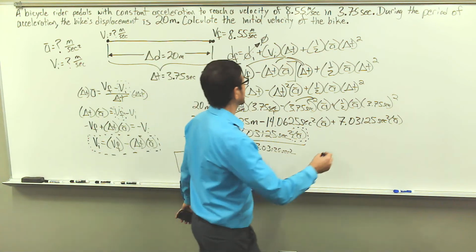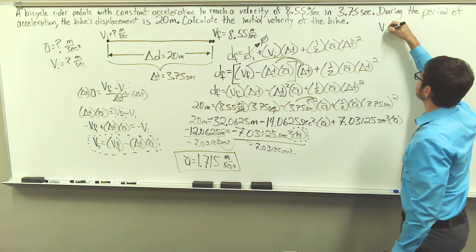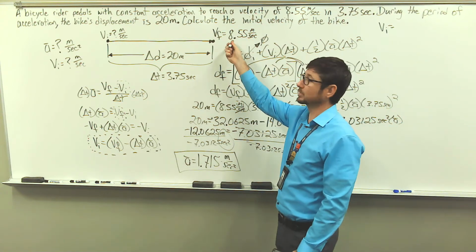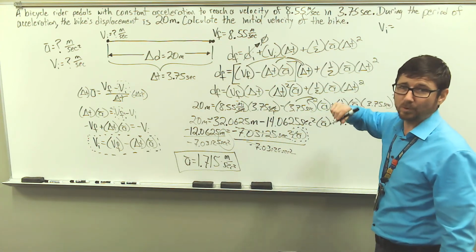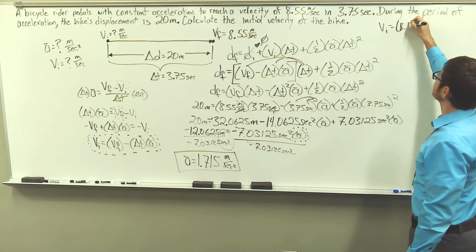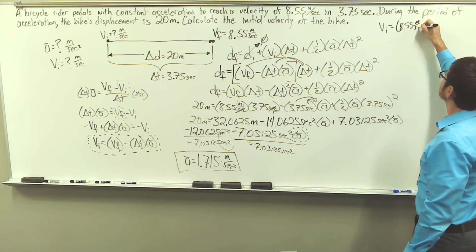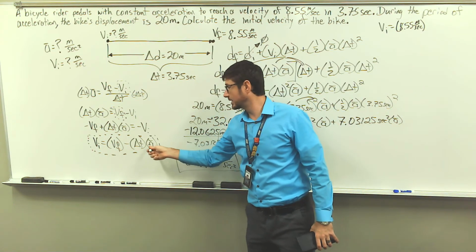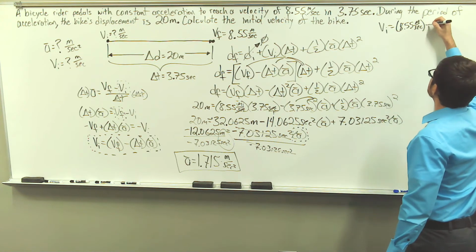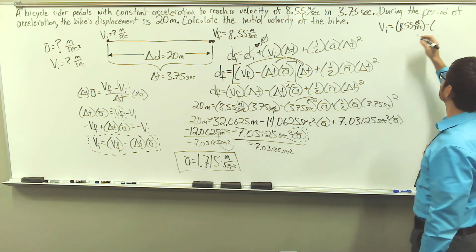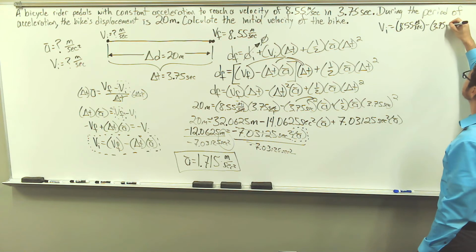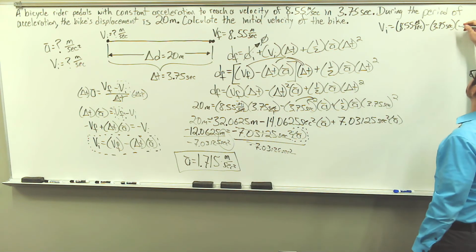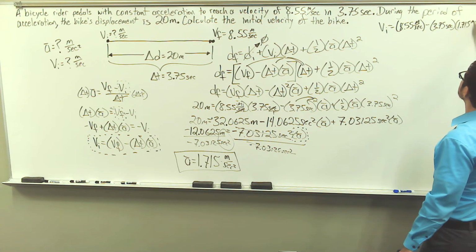And so what we have here is initial velocity is equal to the final velocity of the bicycle, which the problem gave to us, 8.55 meters per second, minus our time interval times our acceleration. So minus our time interval of 3.75 seconds. And our acceleration is a positive 1.715 meters per second squared.